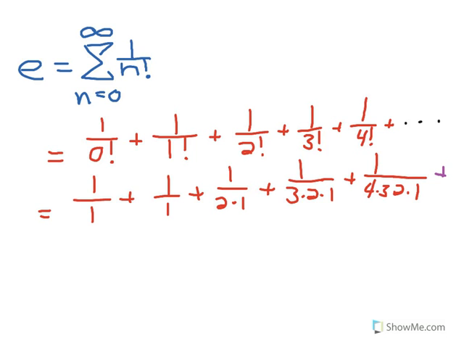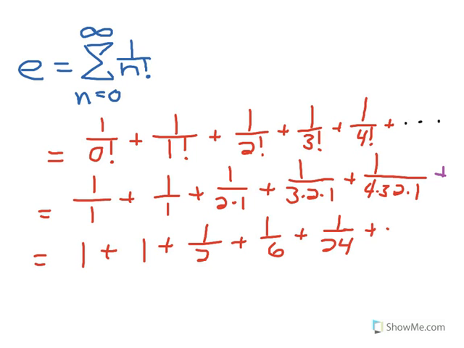So continuing to simplify, 1 divided by 1 is 1. 1 divided by 1 is 1. 2 times 1 is 2. 3 times 2 times 1 is 6. 4 times 3 times 2 times 1 is 24. Plus, you're going to have more fractions after that. Simplifying a little bit more, division, we get 1, 1. 1 divided by 2 is 0.5.